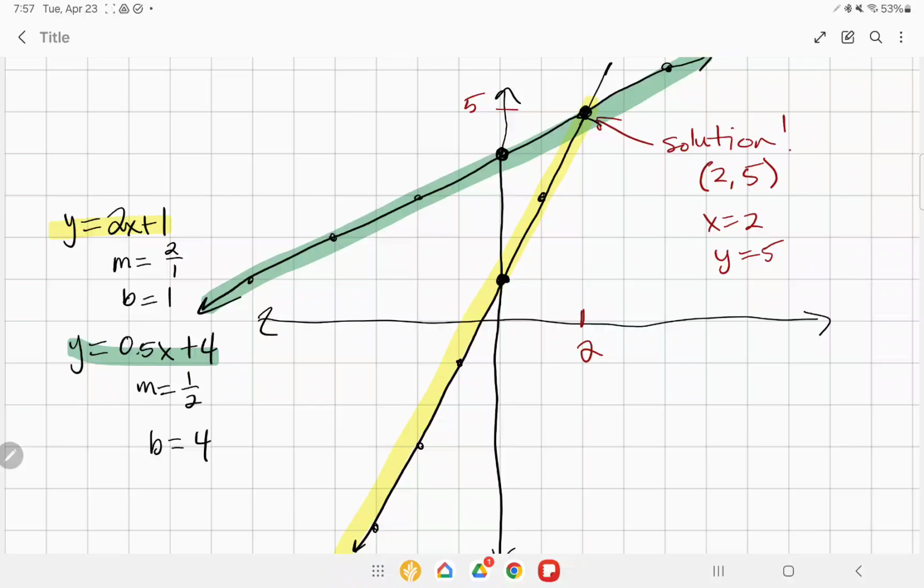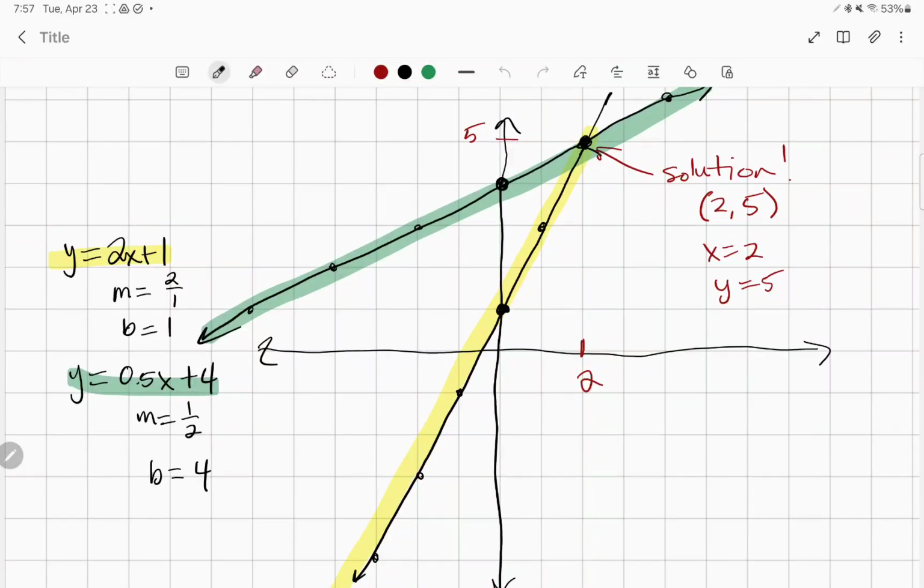So right now, I'm going to rewrite that inequality in part 2. It was 2x plus 1 is less than 0.5x plus 4. So you're trying to answer this question.